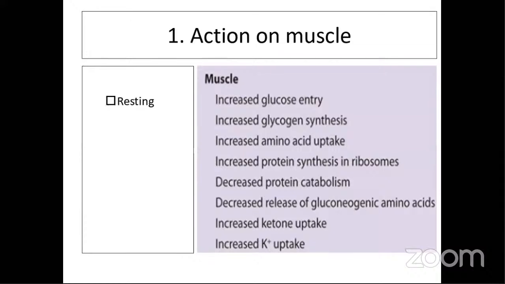In muscle, one important thing is to look at the actions of insulin on resting muscle, what will happen if you exercise, and what will happen after meals. Understood? What are the effects of insulin on muscle in the resting state, after exercise, and after meals.